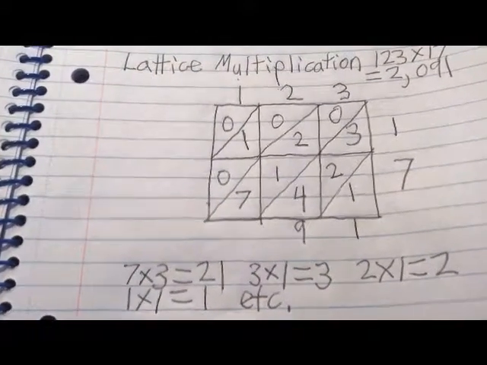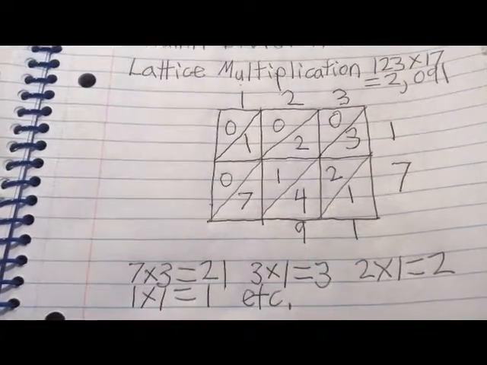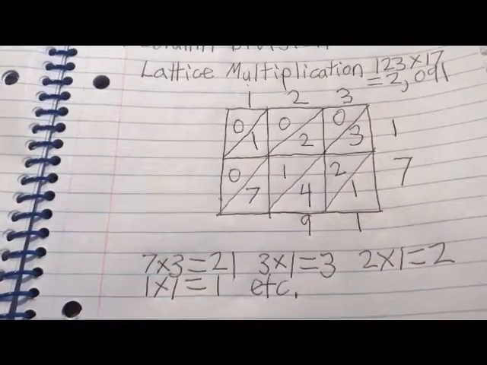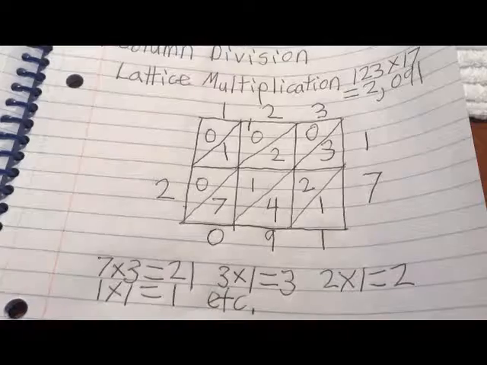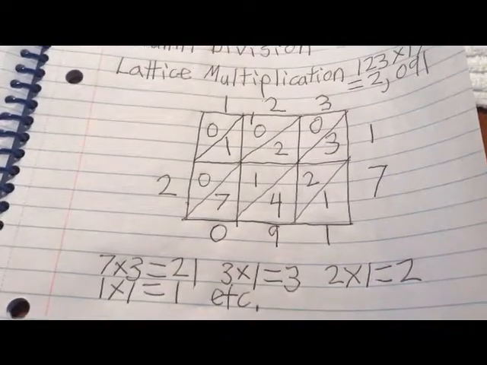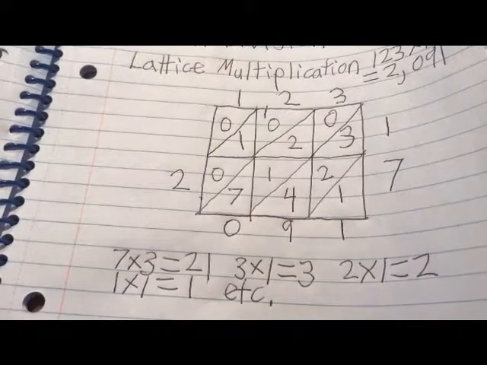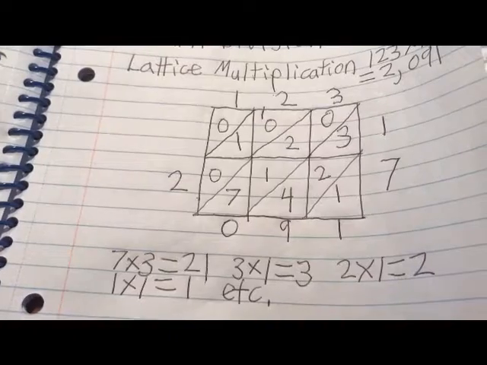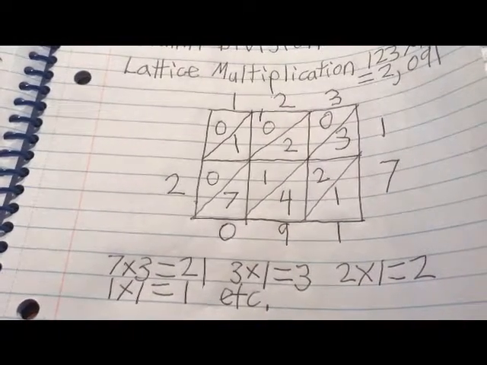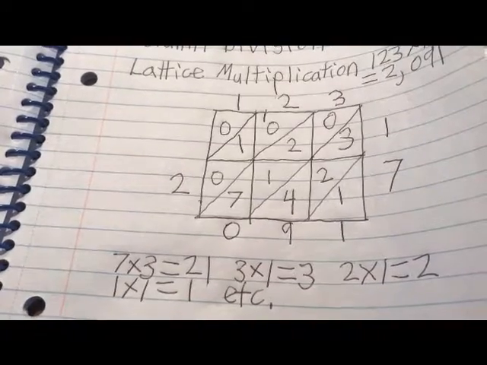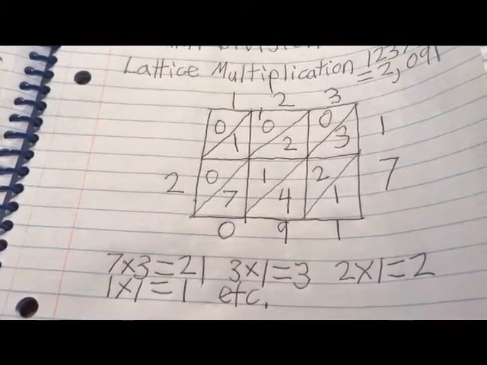Now, notice 4 plus 2 plus 3 is equal to 9, which is why you put the 9 on the bottom. I got the 0 at the bottom of the square by adding 7 plus 1, which is equal to 8. 8 plus 2 is equal to 10, and then there's just a 0 there.